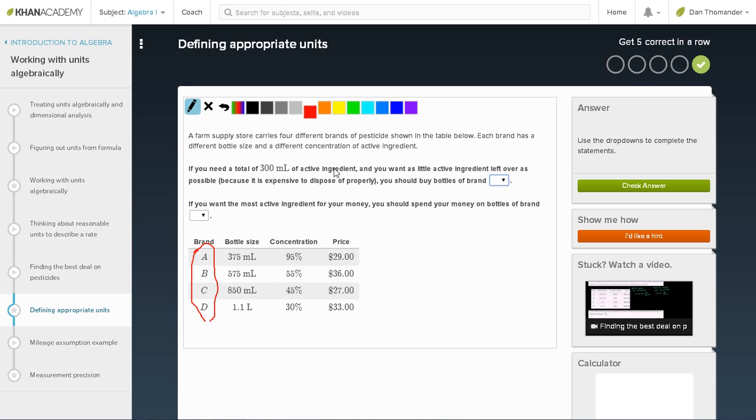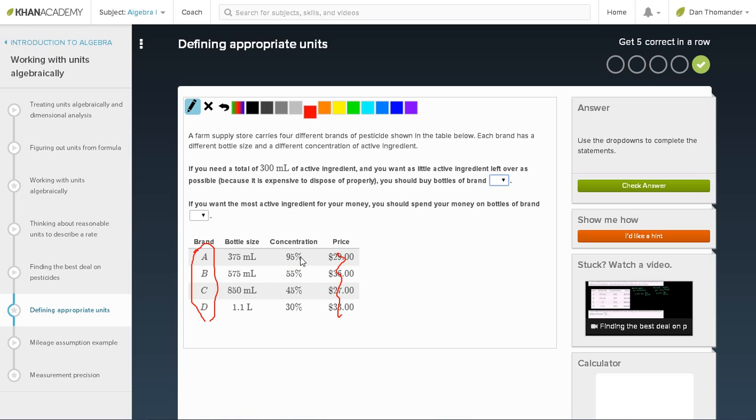Well, money is not the concern here, so I'm not going to worry about price right now. I'm just going to worry about how do I get to 300 milliliters and not waste, right? It's expensive to dispose of it. Well, let's see.